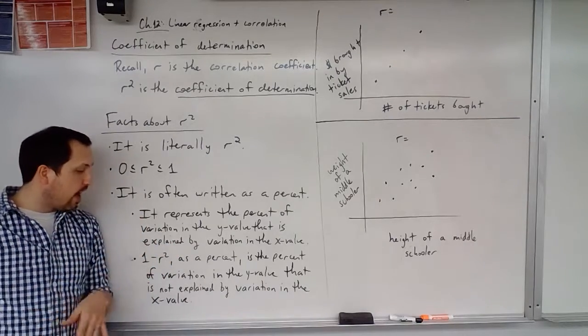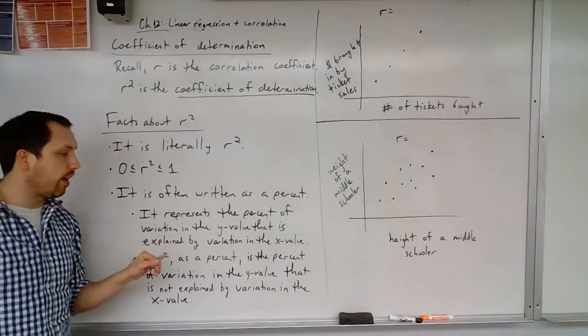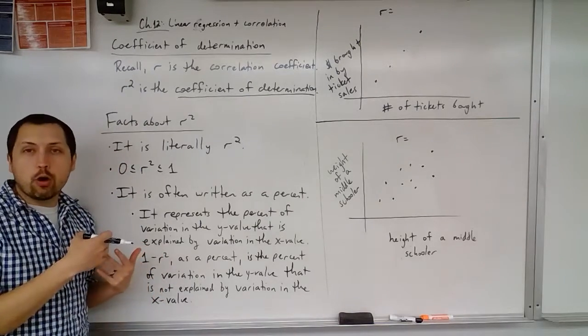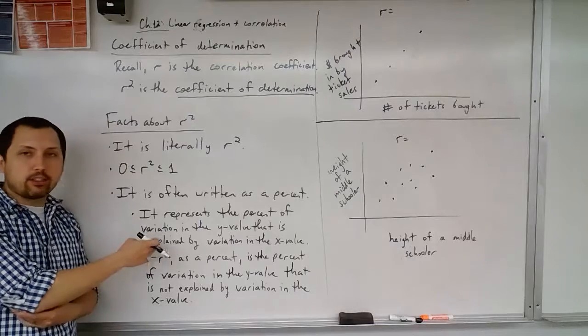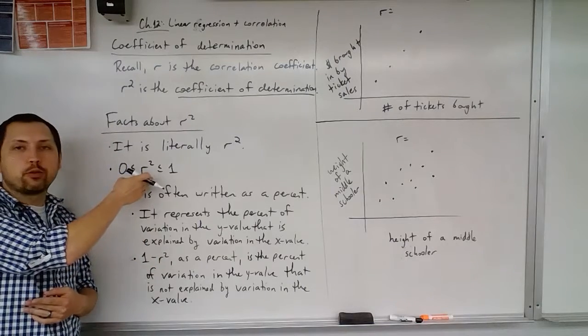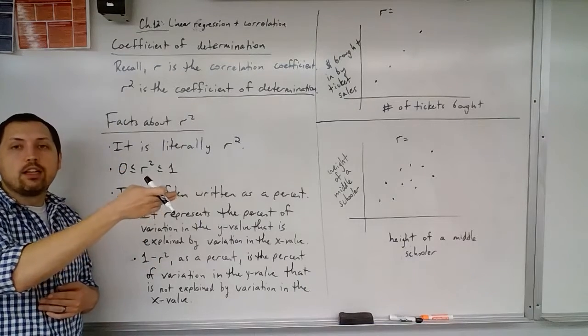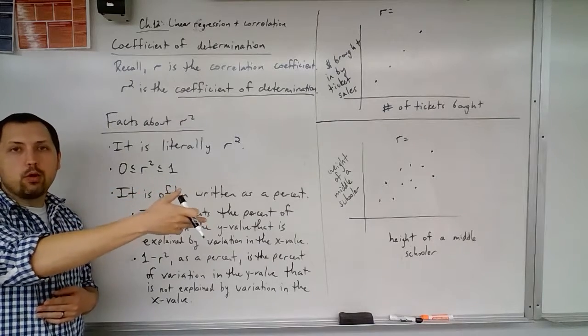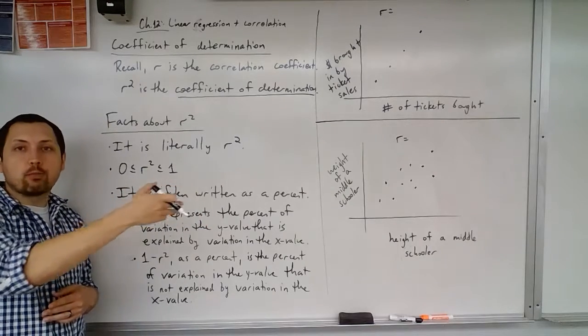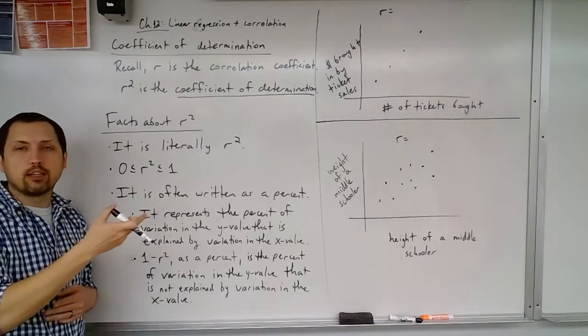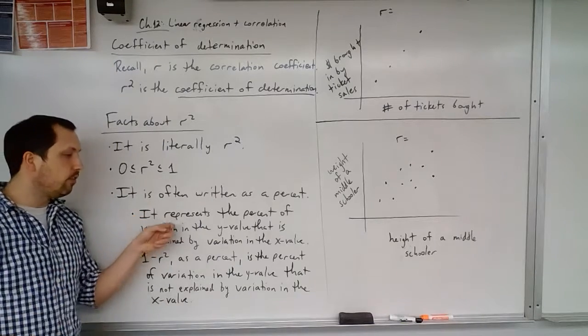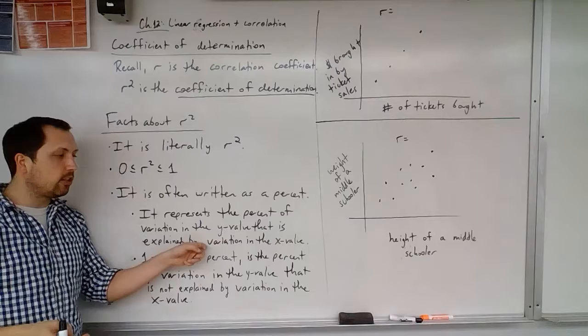Then 1 minus r squared is basically the opposite. Say r squared is equal to 0.7, then that would be 70%. 1 minus r squared would be 1 minus 0.7, which is 0.3, so that'd be 30%. So 70% of the variation is explained by variation of the x value.